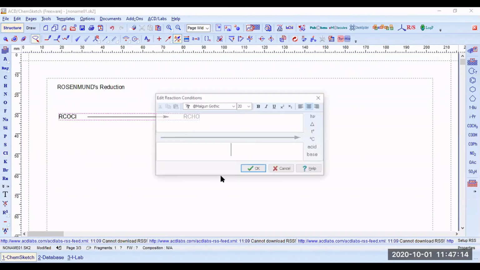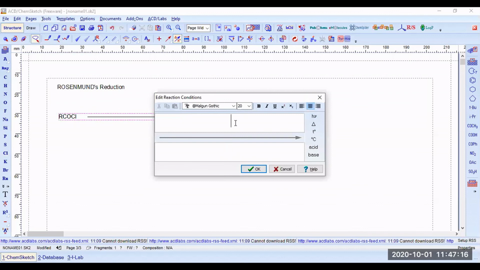That is H2, Pd, that is hydrogen, palladium reagent, and BaSO4. Barium sulfate will be there. This is sometimes even called Lindlar's reagent. This is Rosenmund reduction. Keep in mind.